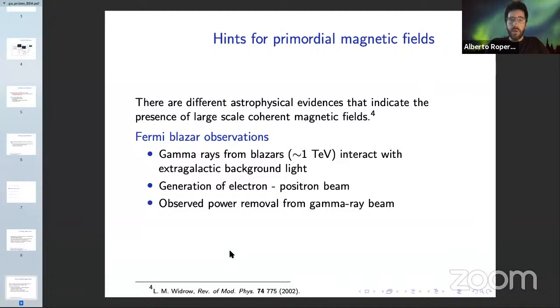So why do we expect to have primordial magnetic fields? On one hand, there is a lot of astrophysical evidence of very large scale coherent magnetic fields. But particularly interesting for this specific idea are the observations by the Fermi telescope, where they were observing the lack of power coming from gamma ray beams.